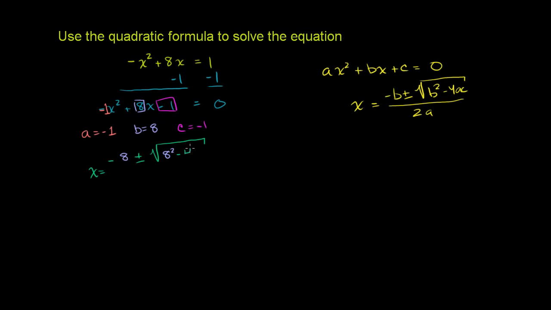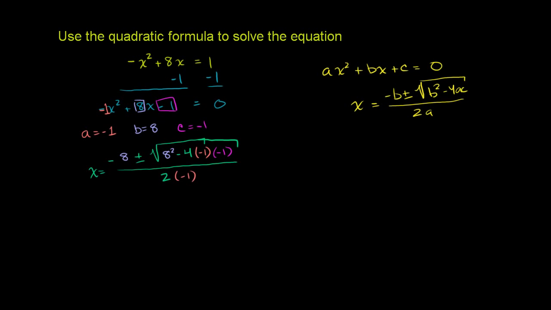The green's the part of the formula. The colored parts are the things that we're substituting into the formula. Minus 4 times a, which is negative 1, times c, which is also negative 1. And then all of that, let me extend the square root sign a little bit further, all of that is going to be over 2 times a. In this case, a is negative 1.